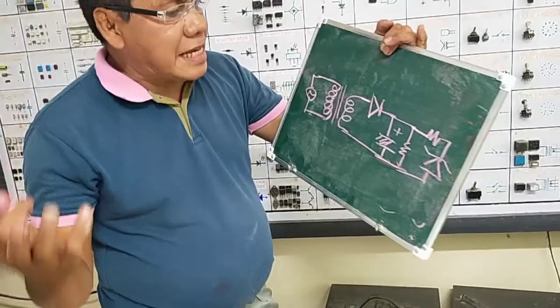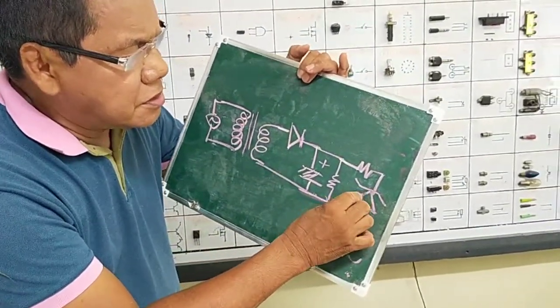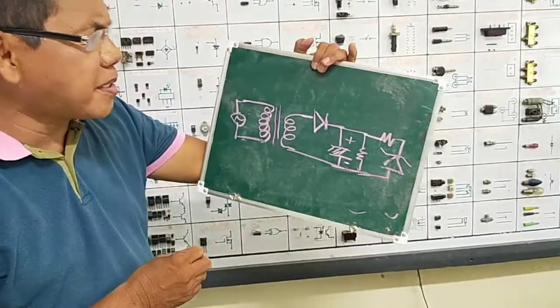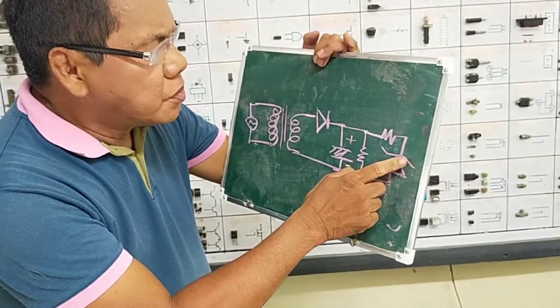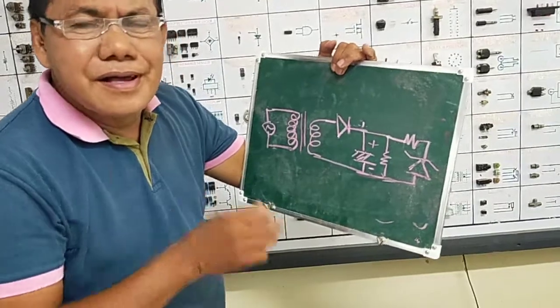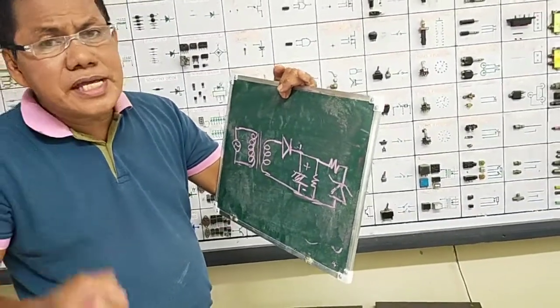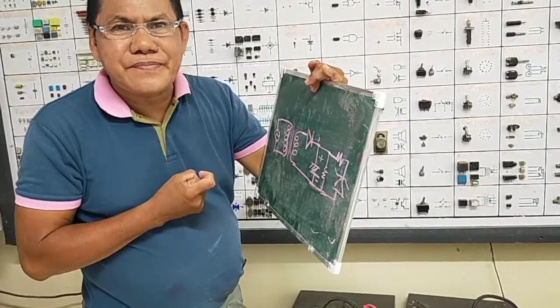You can notice, class, that the anode of the Zener diode, which is positive, is connected to the negative side of the rectifier circuit, with respect to the cathode of the Zener diode, which is connected to the positive side. That should be the proper connection of the Zener diode, because a Zener diode operates normally in the reverse direction.